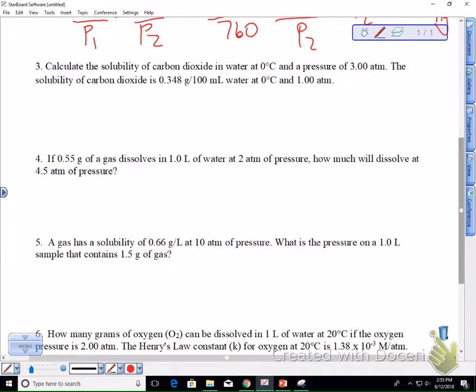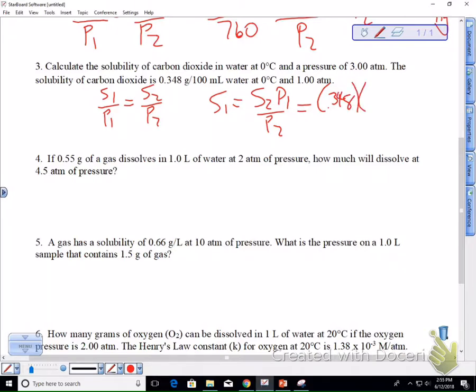Well, we can use our same S1 over P1 equals S2 over P2. For this problem, we're looking for S2, which is going to equal S1 times P2 over P1. That will equal 0.348 times the 3 atmospheres over the 1 atmosphere.